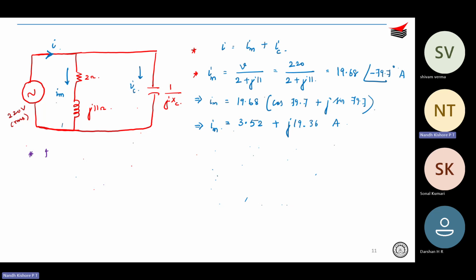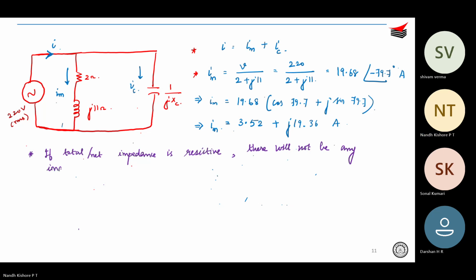If the net impedance is resistive, that is, if the capacitor is properly able to compensate, then there will not be any imaginary component in current I.